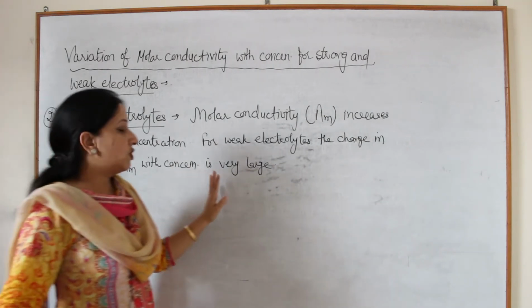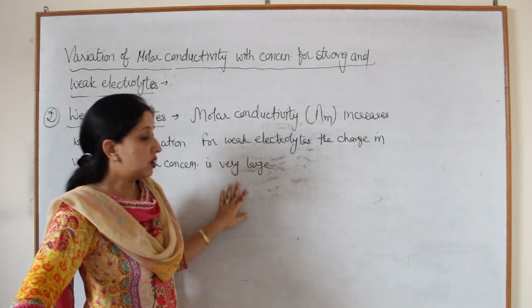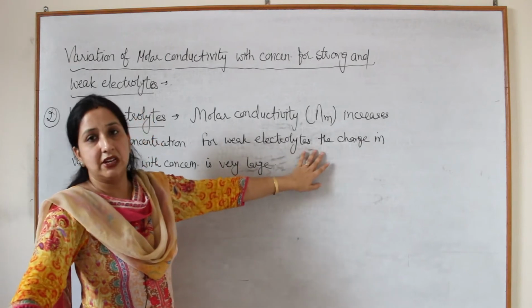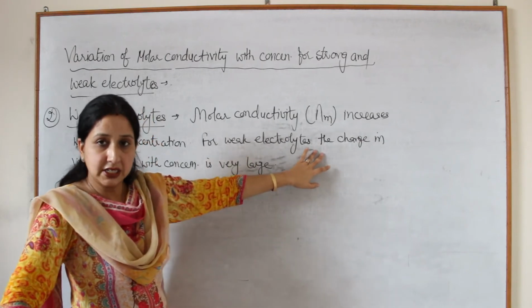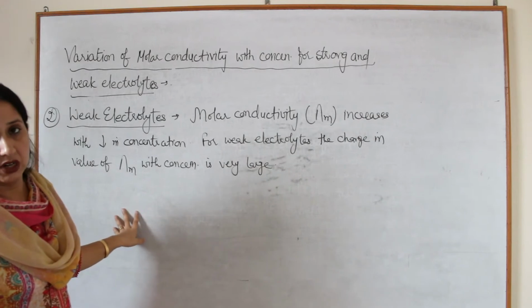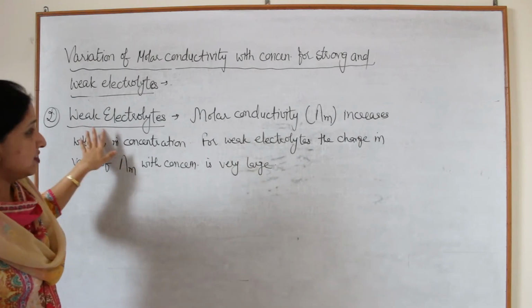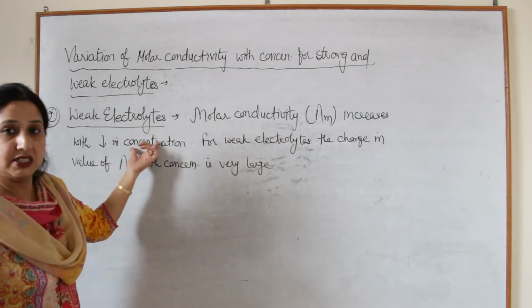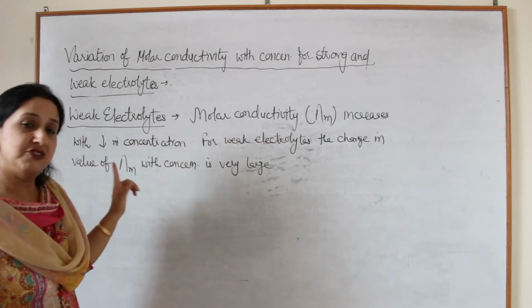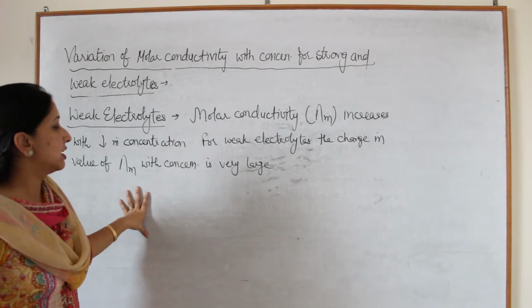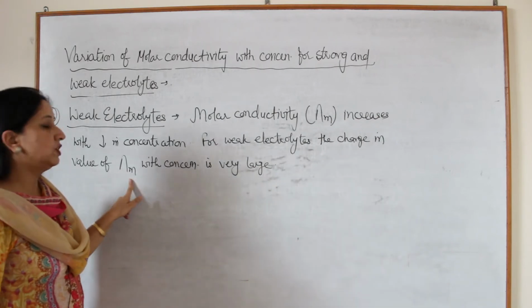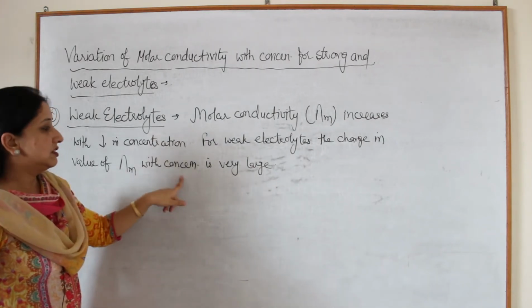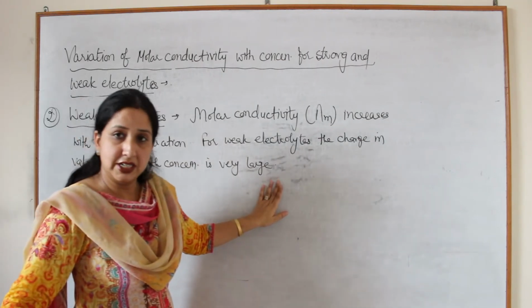So the number of ions will increase upon dilution and the value of lambda m increases for weak electrolytes. So for weak electrolytes, molar conductivity again increases with decrease in concentration, but the major difference is that for weak electrolytes the change in the value of lambda m with the concentration is very large.